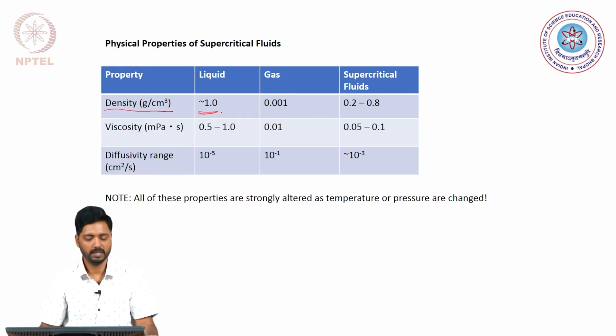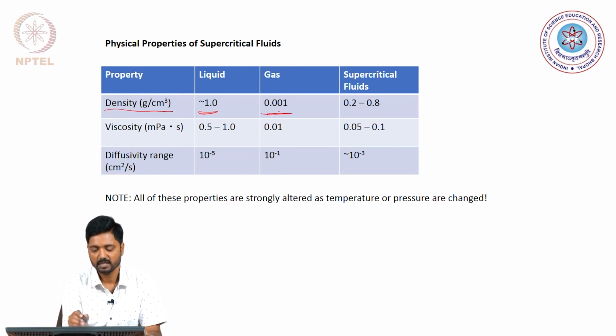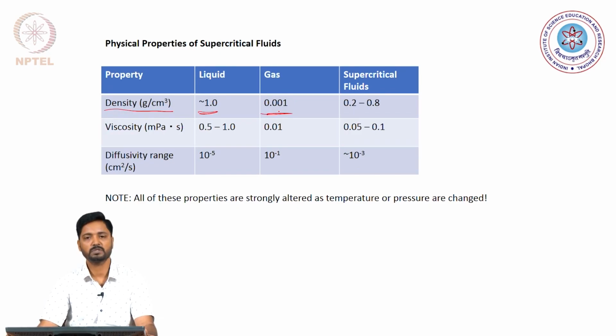For example, liquid water will have a density of 1 gram per ml or 1 gram per centimeter cube.